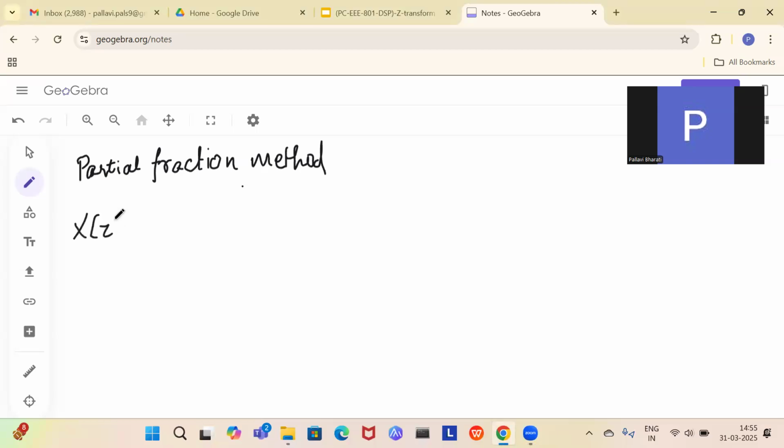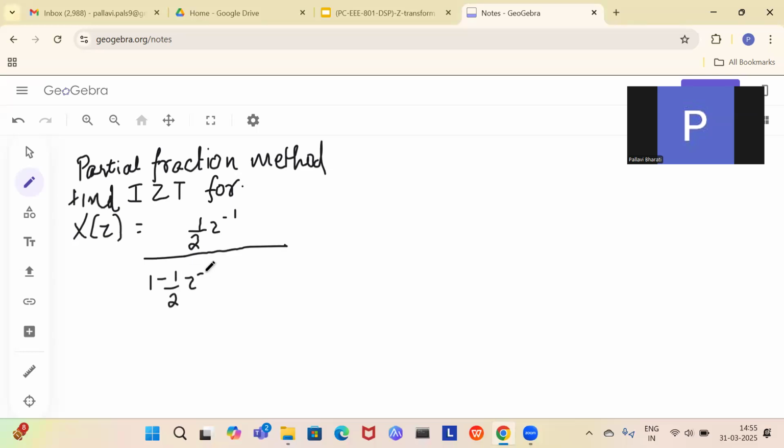The first question is: find the inverse Z transform for, I'll just write it in short, X of z is equal to half z to the power minus 1 divided by 1 minus half z to the power minus 1 into 1 minus 1 by 4 z to the power minus 1.